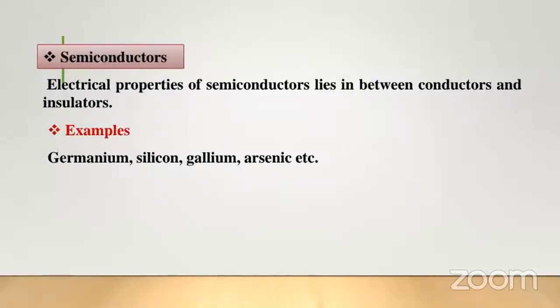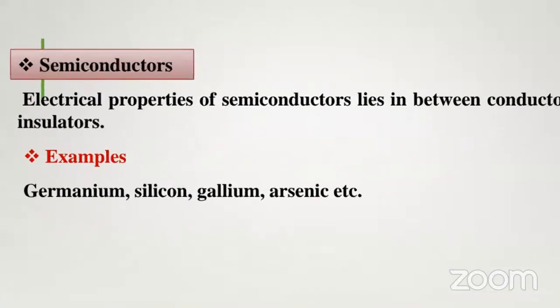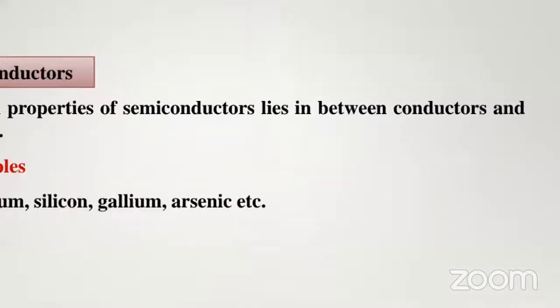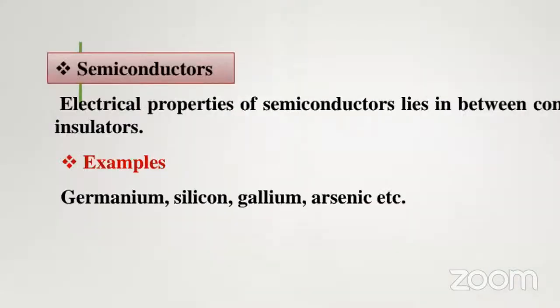So finally, semiconductors. The electrical properties of semiconductors lie in between conductors and insulators. This is called semiconductors. Once again, I can repeat.